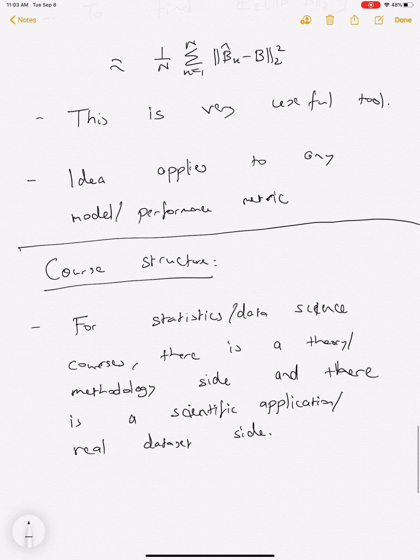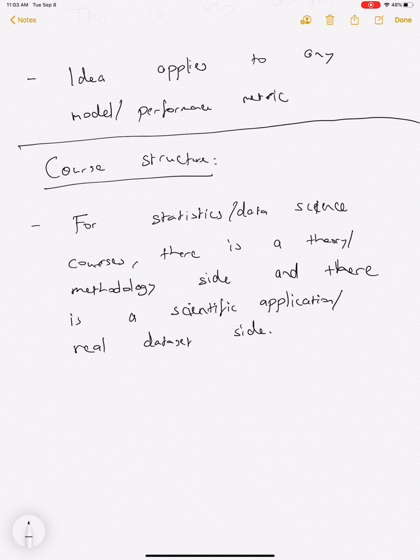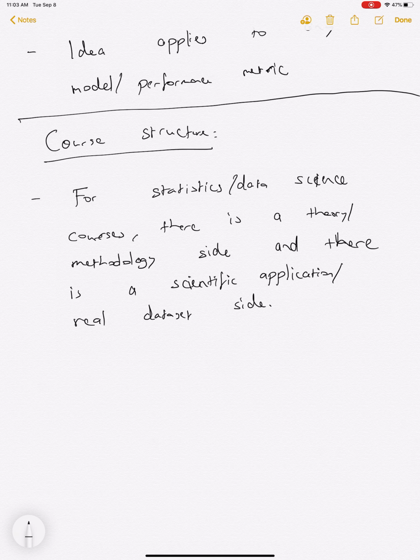The reason why I'm bringing this up is that it stems from this general question or thought that for any statistics or data science course, there's always a theory methodology side, like which methods do you use, how do you evaluate those methods, why do you use those methods? But then there's also a scientific application, real data set side. You want to apply these methods to real data sets and see how they work with real data. And so, when you take a course like this, multivariate high dimensional statistics, you'd ideally like to span both.